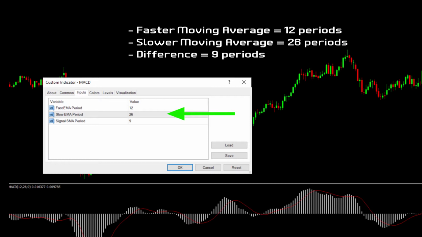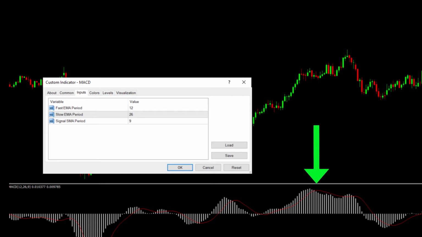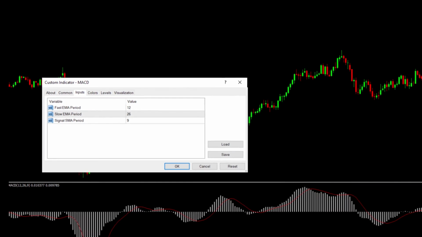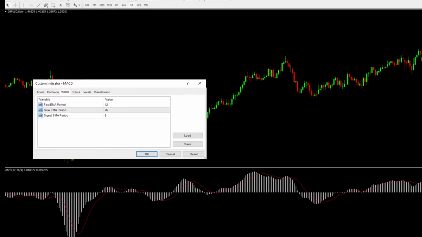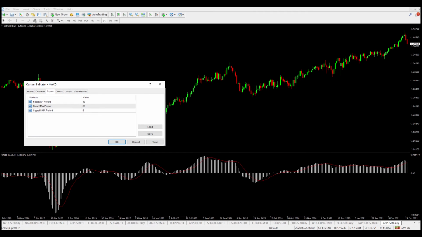The third number, which is 9, is the number of bars used to calculate the moving average of the difference between the faster and slower moving averages. This difference is plotted by the vertical lines you see, which is called the histogram. Many people think the histogram is a moving average when actually it is the difference between the two moving averages.